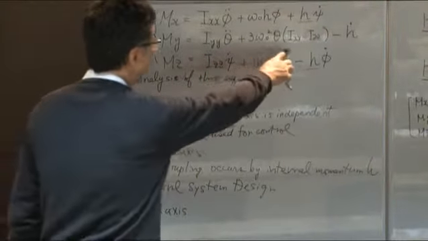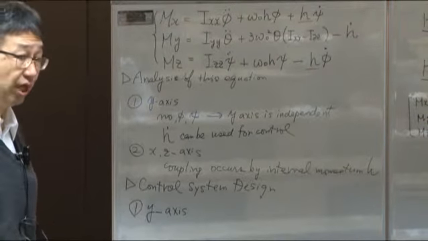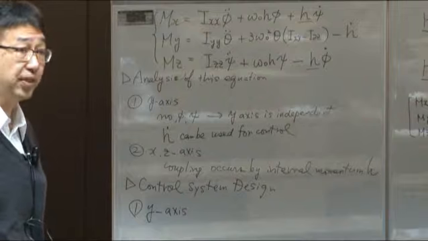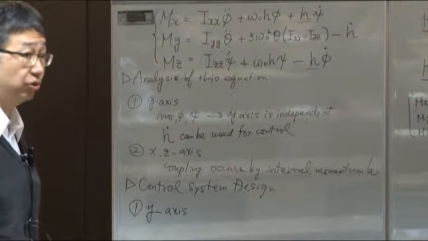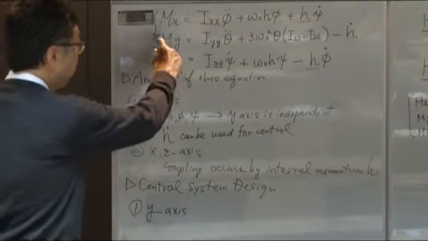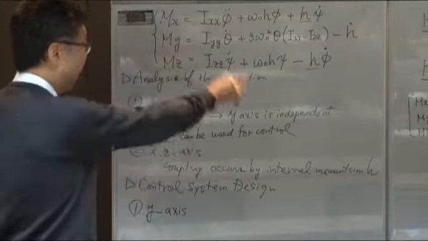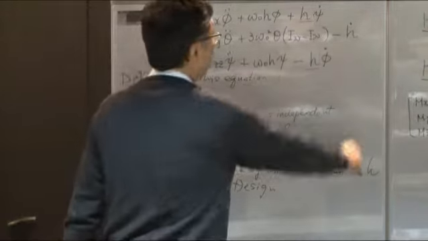Okay, so as I said, the control torque can be obtained by h dot. The changing of the wheel speed gives some control torque. So even if there is no outside torque, you can control the y-axis by way of this h dot.